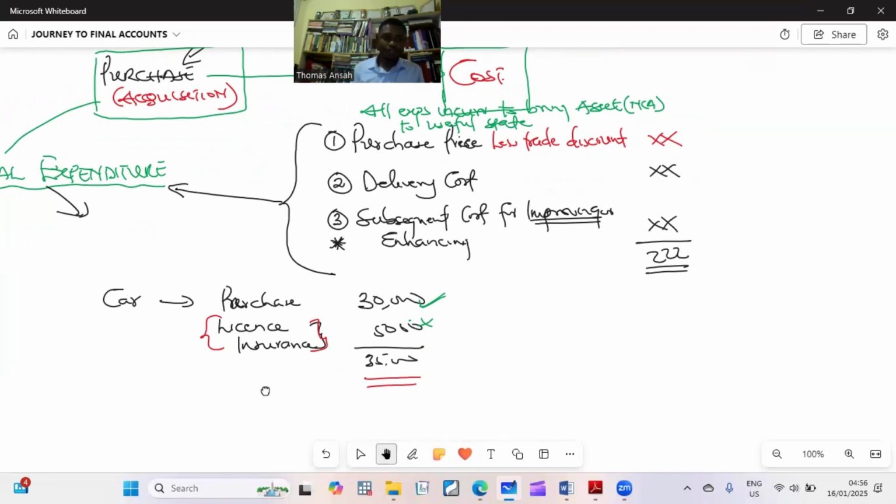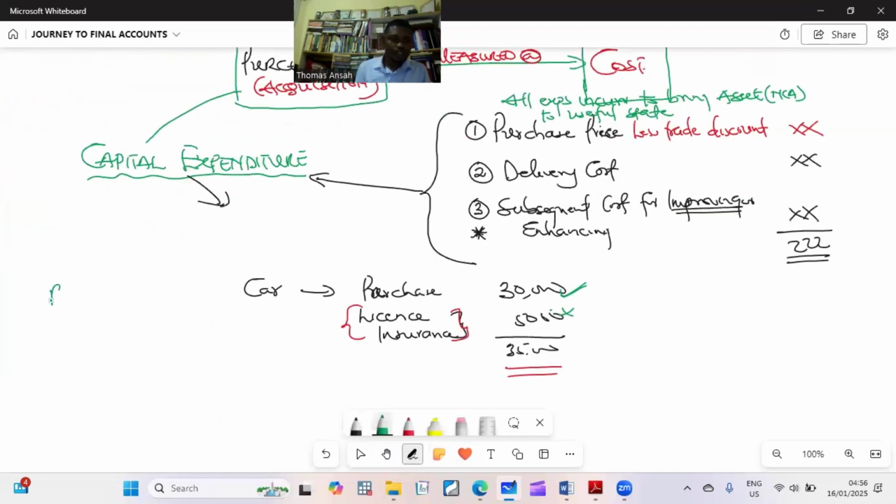It's like building a building. All right. So when you build and paint, the very first painting will be part of the cost of the asset because you did it with it. But if you do repainting, that one will not be part of the cost of the asset.